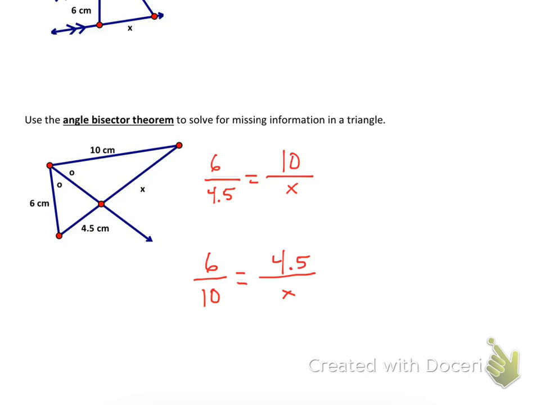So if we did 6 over x equals 4.5 over 10, how come that's incorrect? Well, what corresponds to the 6 here is the 10.